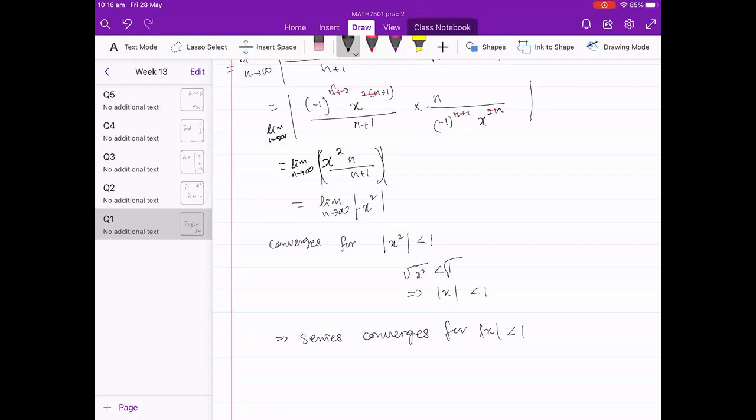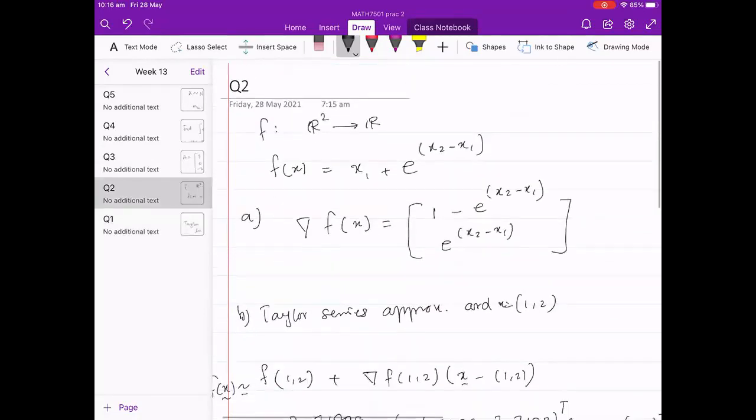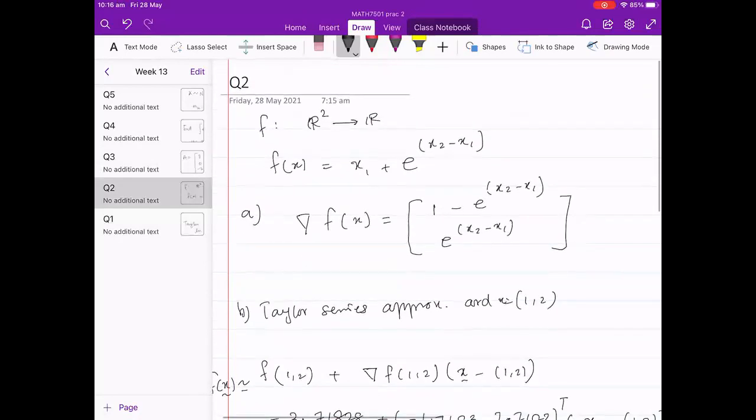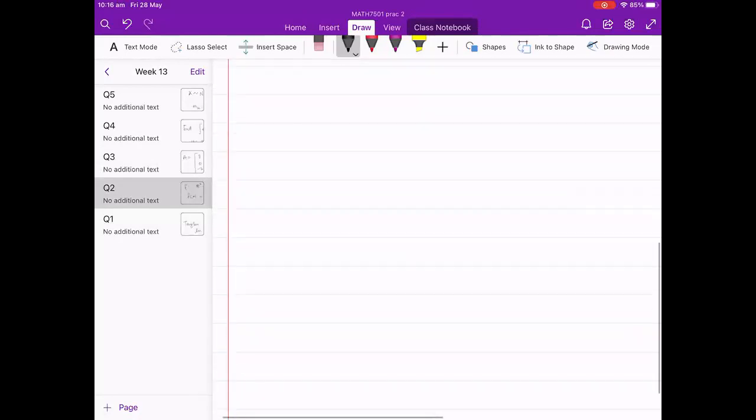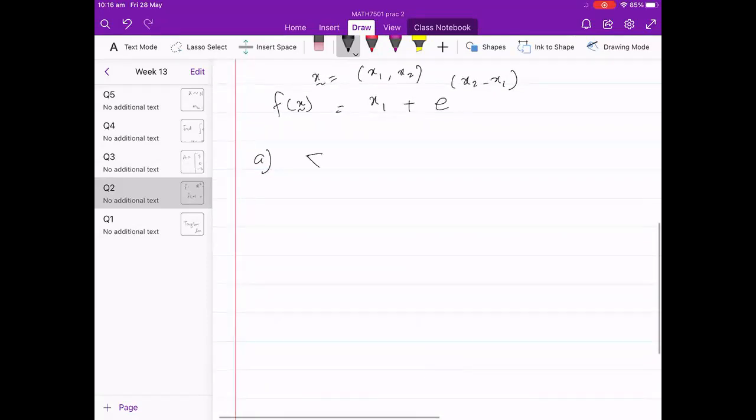You are given the function, where x is (x1, x2), and f(x) is x1 plus e to the power x2 minus x1. Okay, the first part is to find the gradient of f(x).